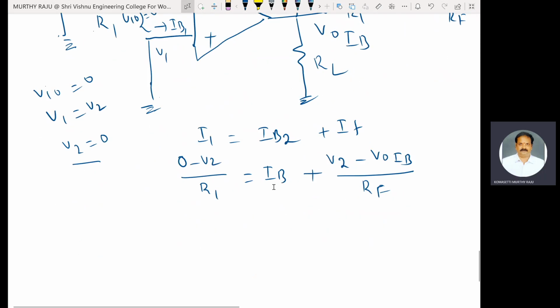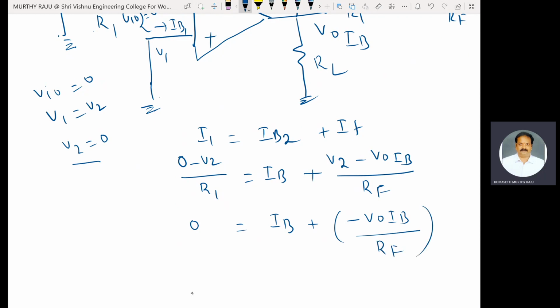Here the current I1 is equal to IB2 plus IF. Since V2 is equal to 0, 0 by R1 is 0. So 0 is equal to IB plus (0 minus V0IB) by RF. Therefore, bringing this term across, IB is equal to V0IB by RF.